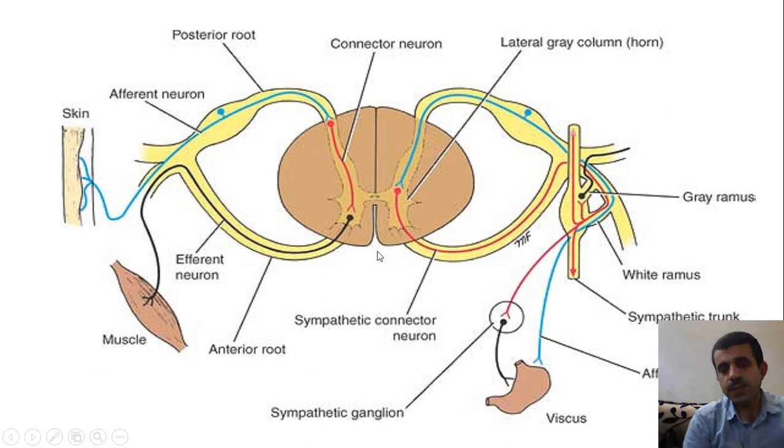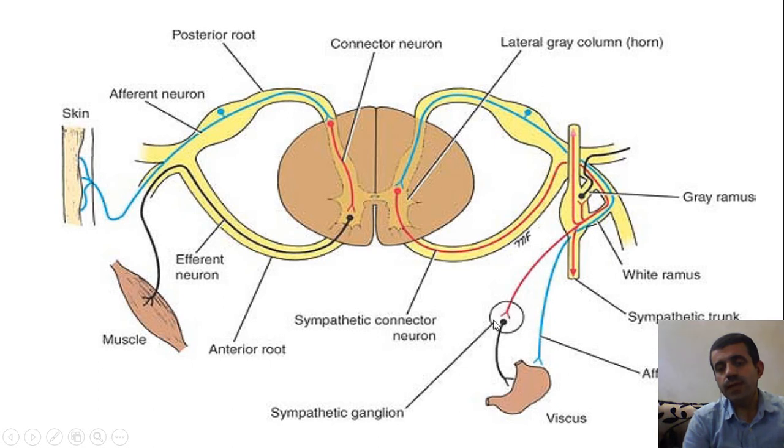This is the sympathetic output, which is from T1 to L2, and it goes back to the stomach.